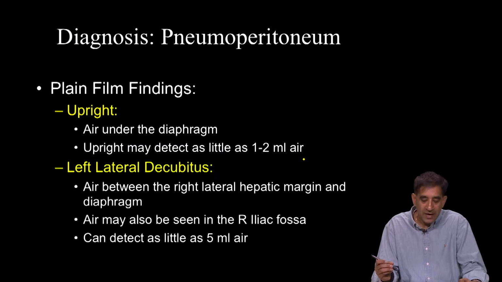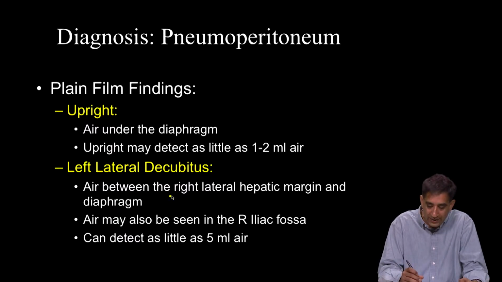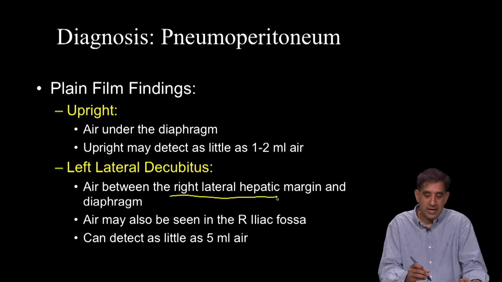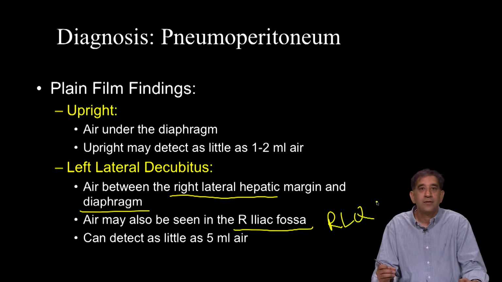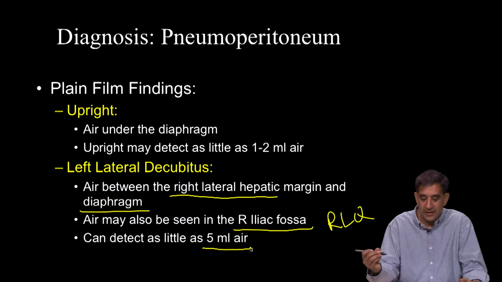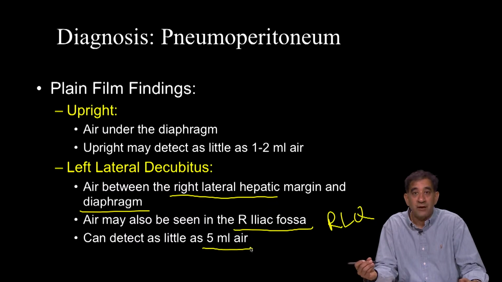We can also get a left lateral decubitus film, which might show air between the right lateral hepatic margin and the diaphragm. And you can also sometimes see air down in the right lower quadrant in the right iliac fossa. And on the left lateral decubitus film, we can see as little as 5 milliliters of air.